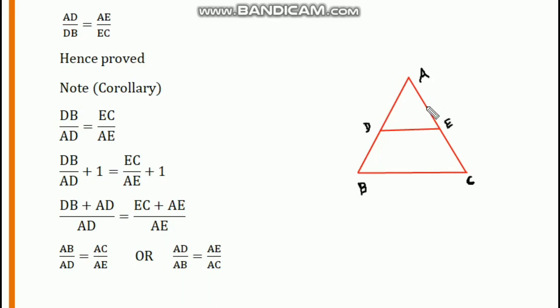Okay, at that time also the ratios will be the same. So we can take AD by AB equals AE by AC, or AB by AD equals AC by AE. Okay, so this corollary is also possible when a line is drawn parallel to one side of a triangle.